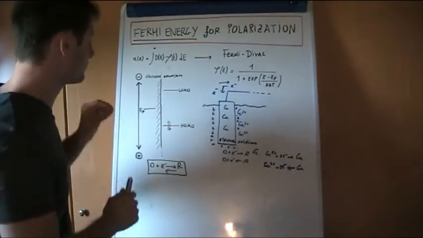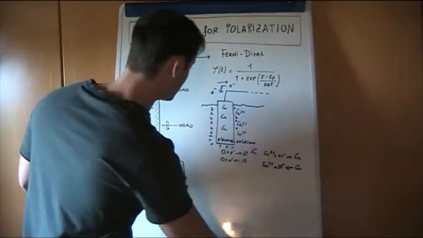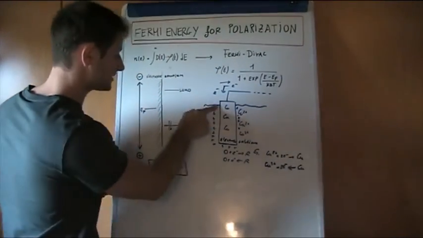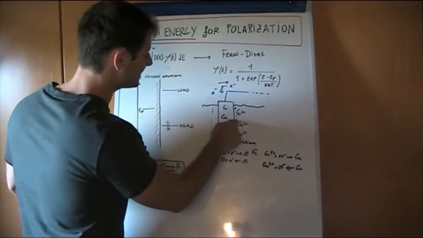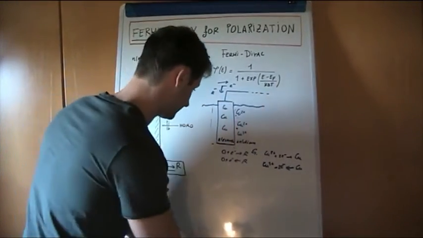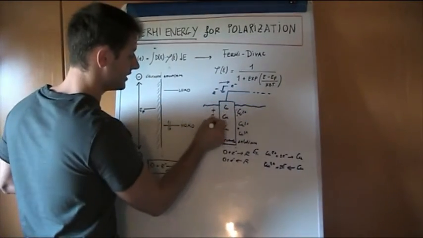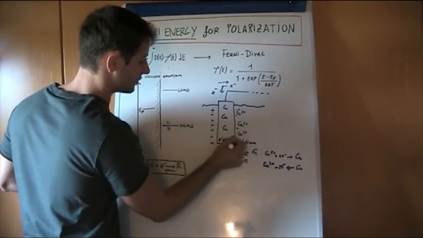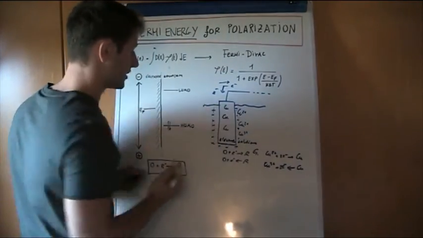But what is important here is that when we polarize this electrode negatively, we are introducing electrons into the system, into the metal.